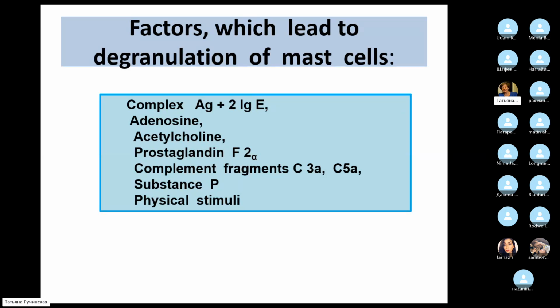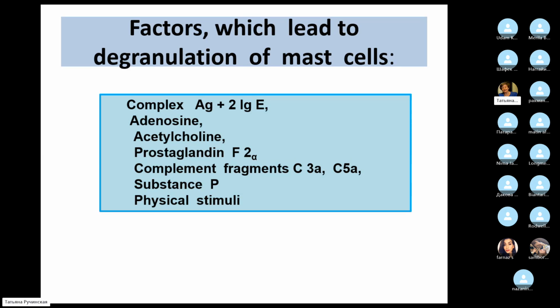These are the factors which lead to degranulation of mast cells, because you understand that, and we discussed it. One of the preformed mediators, the main mediator, is histamine, which is located in granules of mast cells.